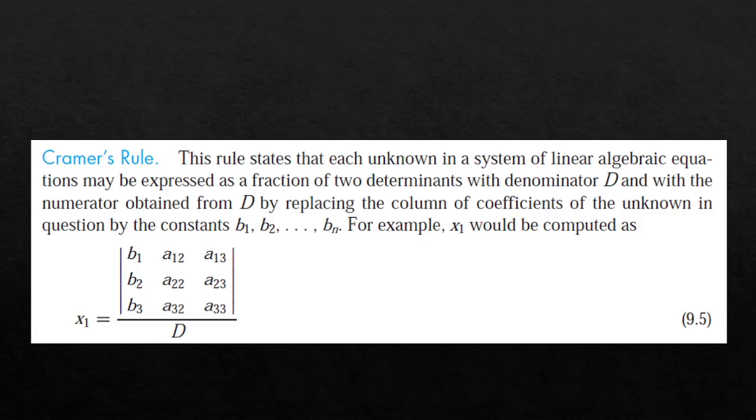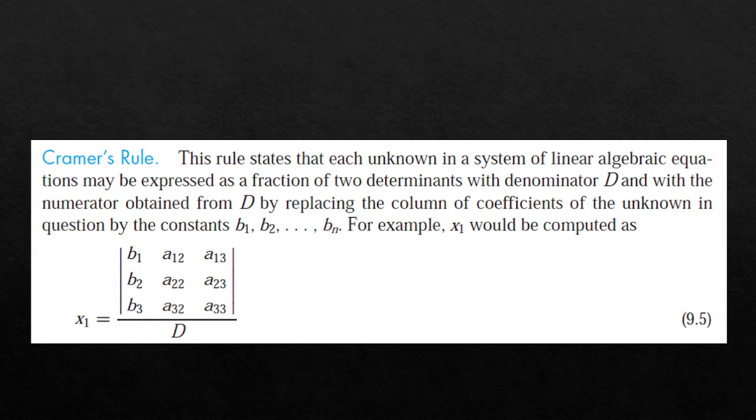Okay, for Cramer's rule, this rule states that each unknown in a system of linear algebraic equations may be expressed as a fraction of two determinants with denominator D, and with the numerator obtained from the determinant by replacing the column of coefficients of the unknown in question by the constants b1, b2, to bn.